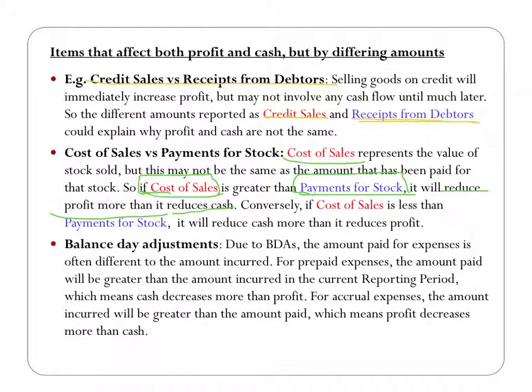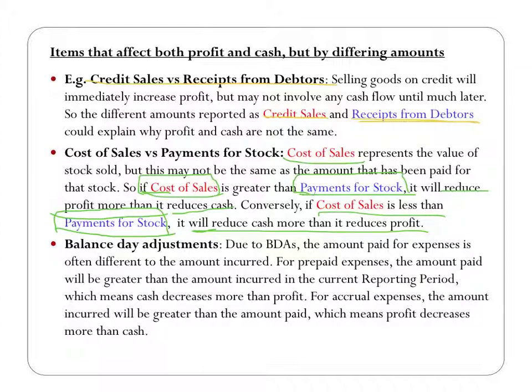Think about the opposite scenario. If cost of sales is less than payments for stock, then it will reduce cash more than it reduces profit. So in the current month, let's say you've made some cash payments for stock.